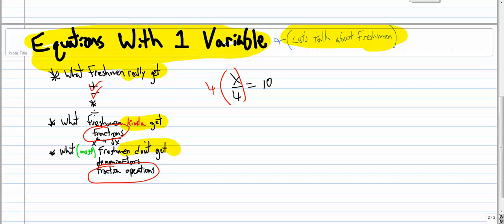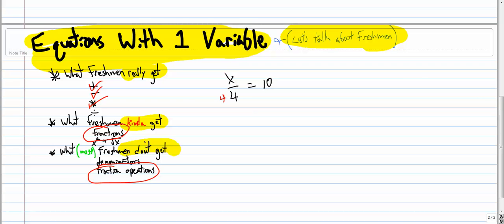So let me clean this up. Just imagine that I'm looking over a freshman's shoulder, and they've got this problem in front of them. And I say, well, how do you get rid of a divided 4? They understand that to get rid of division, you use multiplication. They get that, but I'll often see freshmen do this. They'll say, yeah, you've got to multiply by 4. And I'll say, go ahead and do it.